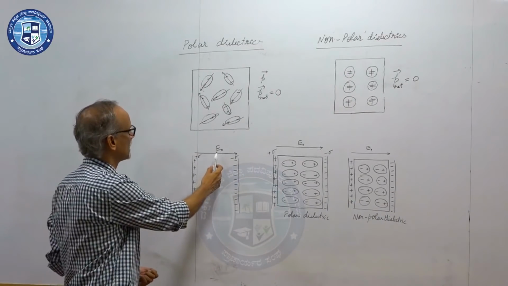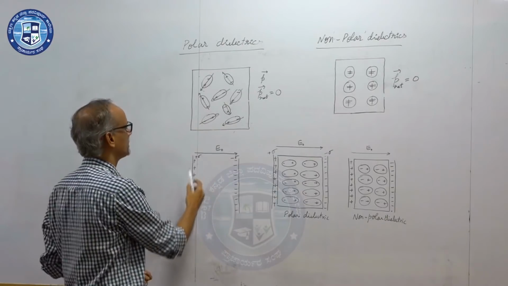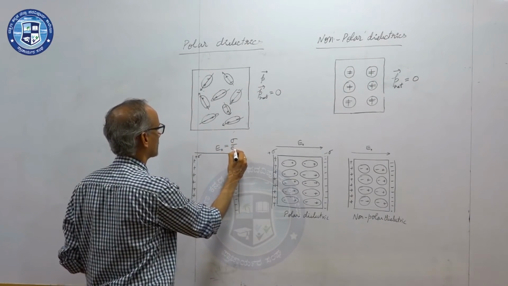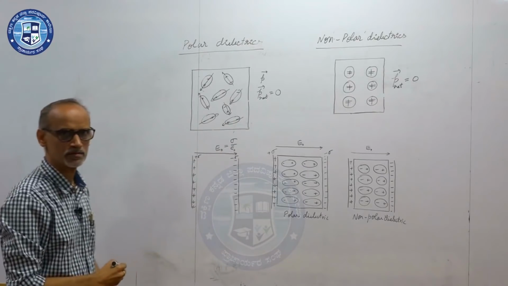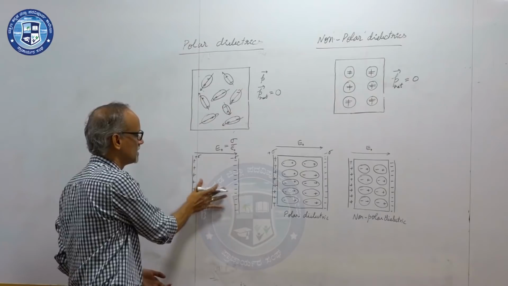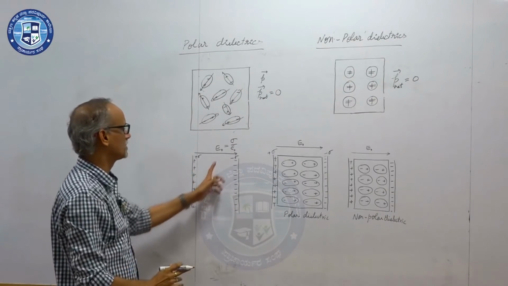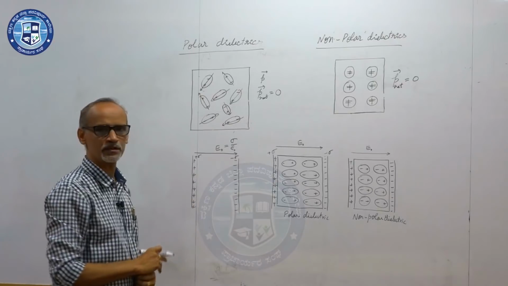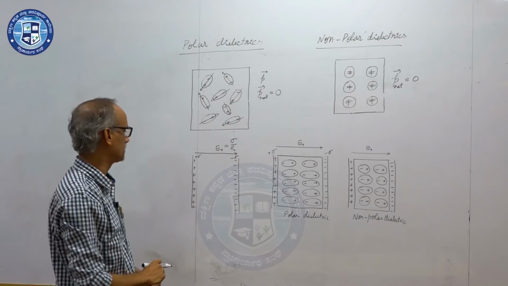I am going to consider that as E naught, and the value of E naught is given by sigma by epsilon naught. At present I am assuming that the space here is a vacuum, and this is the expression for the electric field when no medium is introduced between the oppositely charged parallel plates.